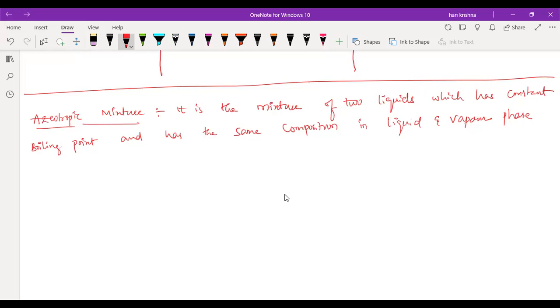That means we cannot separate this mixture using the distillation technique, right? Yes or no? We can't separate this mixture using the distillation technique.